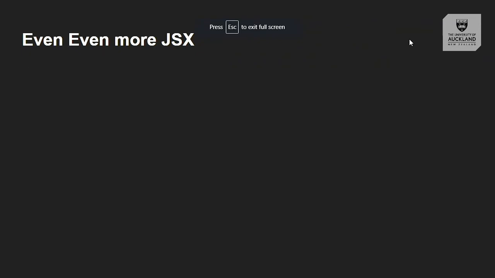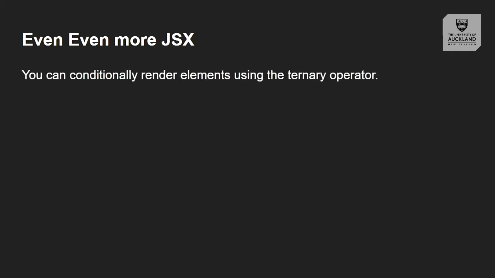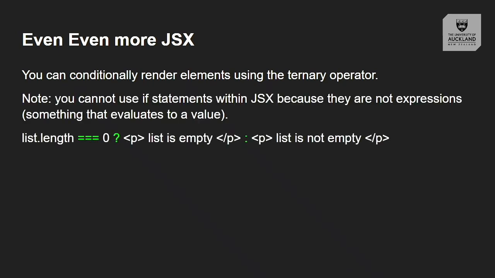The next thing we're going to learn about is conditional rendering. It's often a task that you would want to show one element if a condition is true and another element if a condition is false. We can do that using the ternary operator. Now, if you haven't seen the ternary operator before, I will just go through an example. For instance, if the length of the list is 0, then we will render out or show what's between this question mark and this colon.